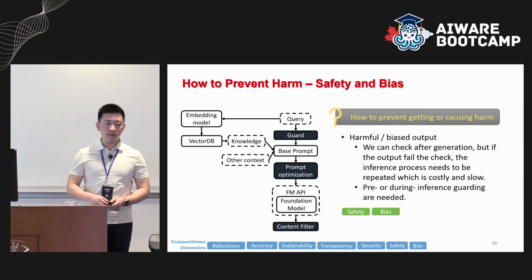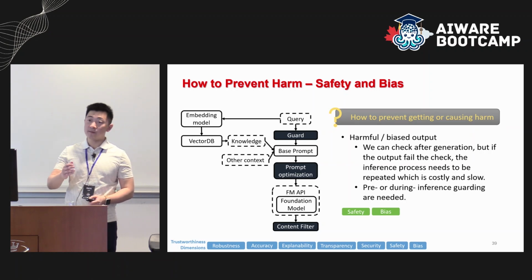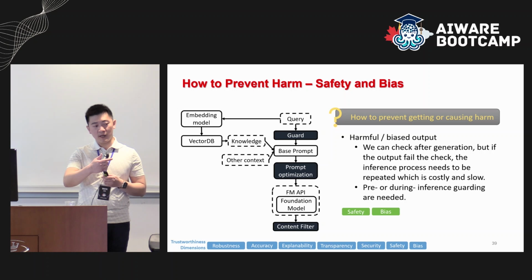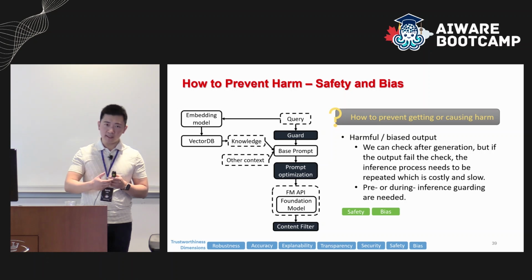That content filter tries to check whether the generated output meets all the requirements, like whether it has any infringement or compliance violation, and tries to filter those out. When it fails the post-generation check, that's when a lot of times you'll have to reprompt your model or application to regenerate another output.